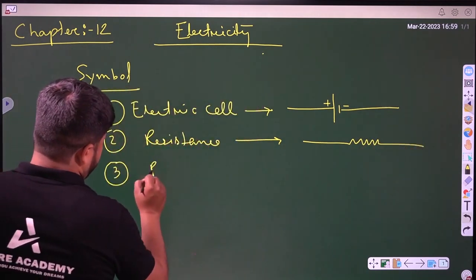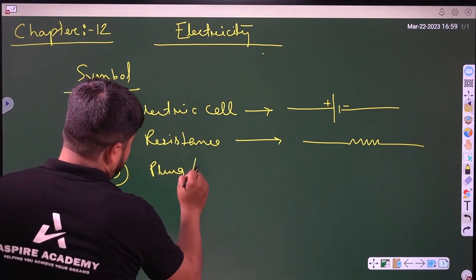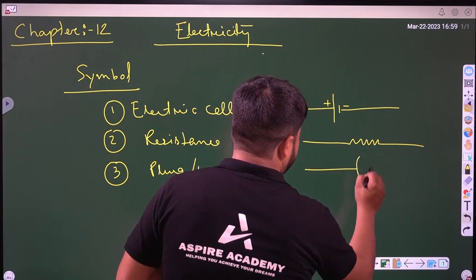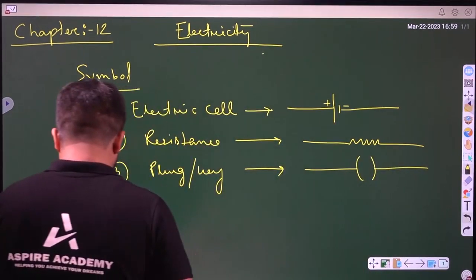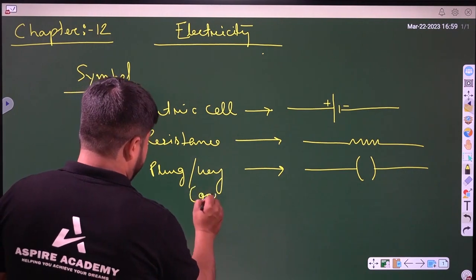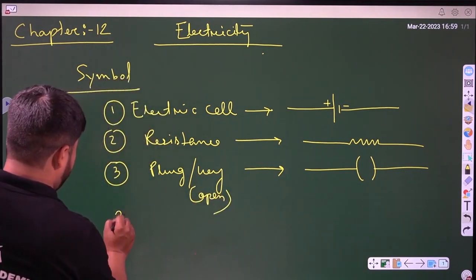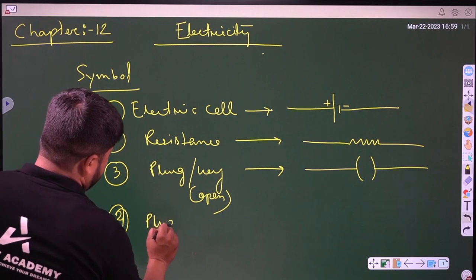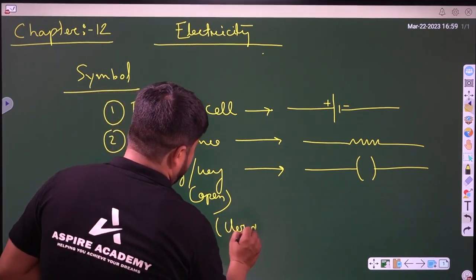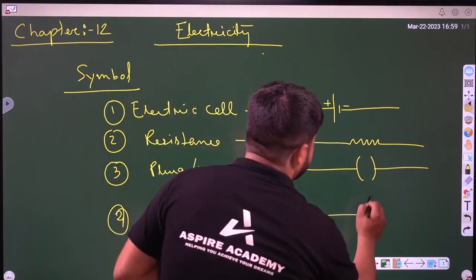Number 3, plug or key. How can we represent a plug or key? This is a plug or key, open. Number 4, if we close the plug or key, how can we represent it?